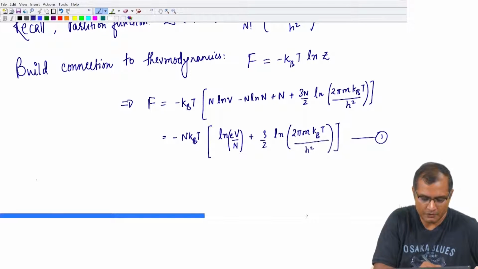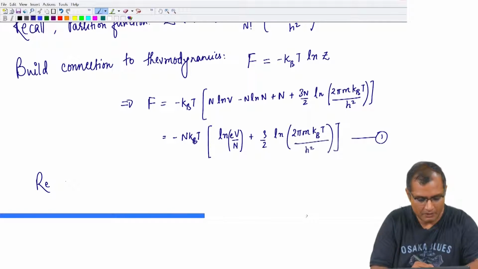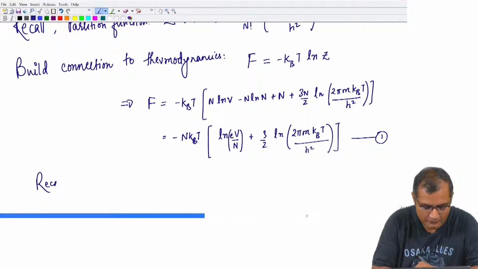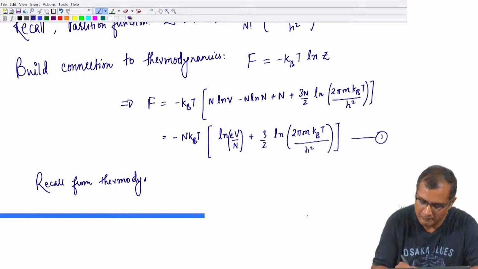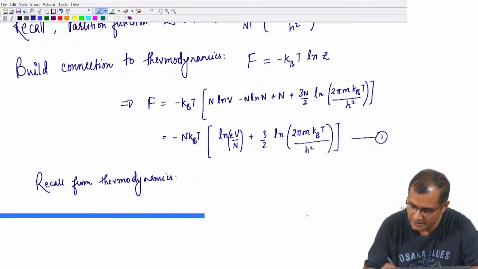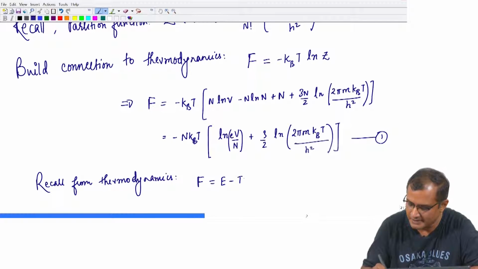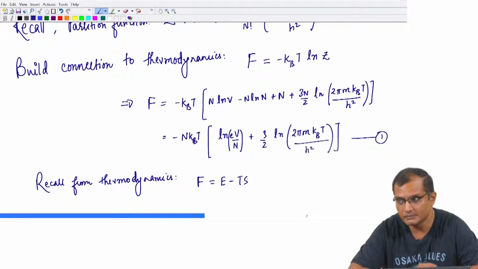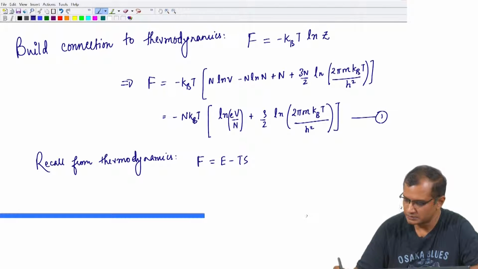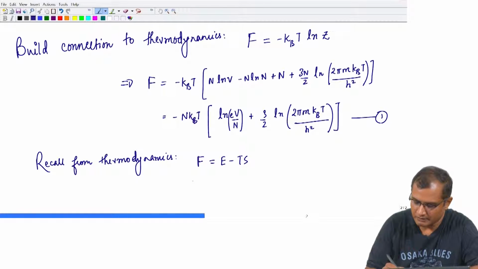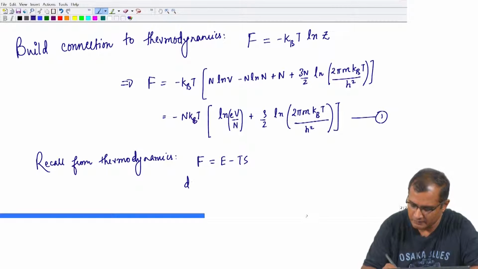So, you recall from thermodynamics that your free energy is given as E minus T S. So, you can easily write it in differential form.